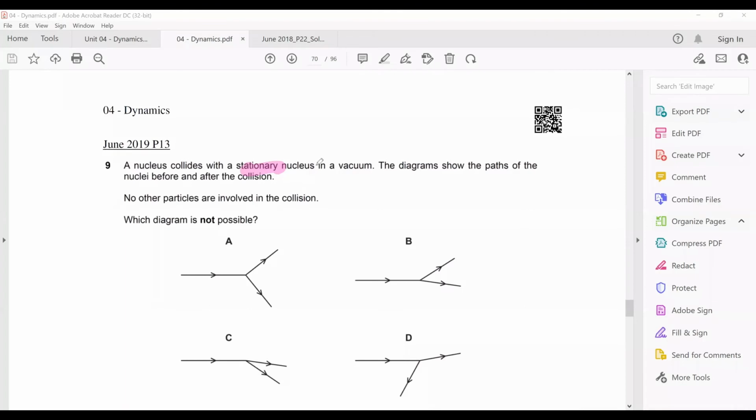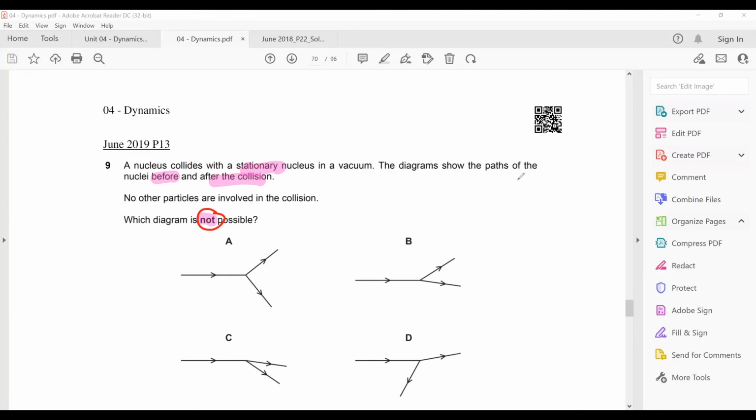Okay, right, that is what this question is about. Right, the diagram shows the path of the nuclei before and after the collision. No other particles are involved in the collision. Which diagram is not possible? So here to emphasize to you, which of this is actually not possible? So what you have here is a case where this is a vector diagram of the collision before and after.